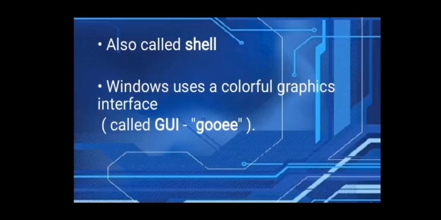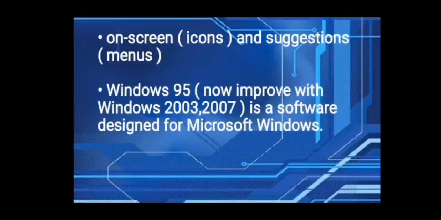Windows uses a colorful graphics interface called GUI, pronounced "gooey", that can be seen on the computer screen or monitor whenever the computer is turned on. So the user can work with on-screen pictures, icons, and suggestions menus to arrive at the desired software.